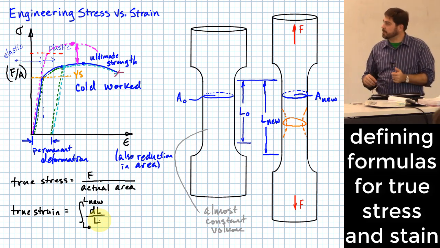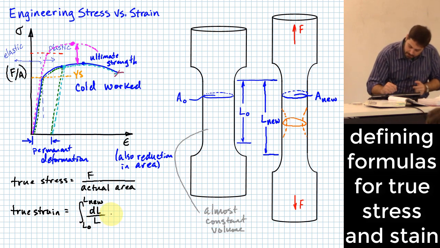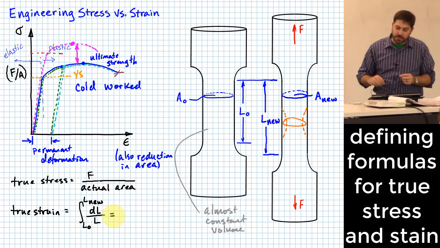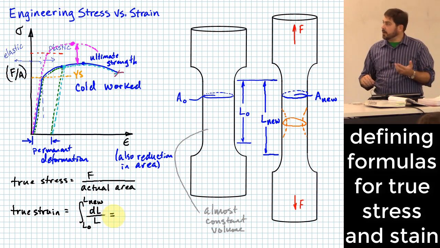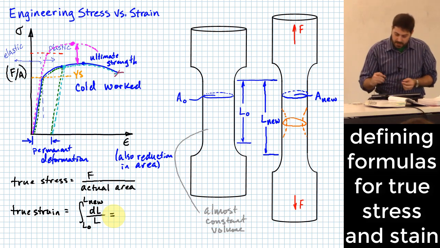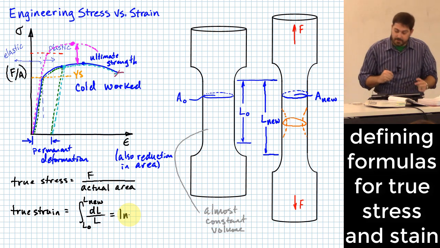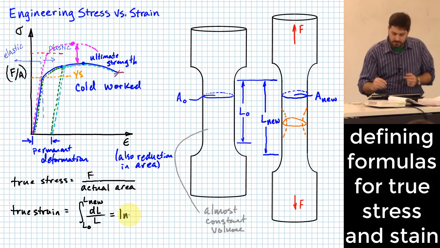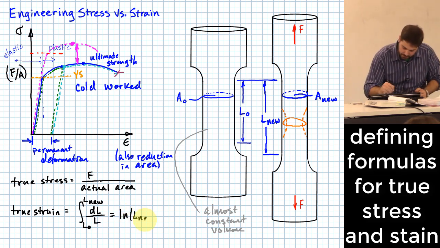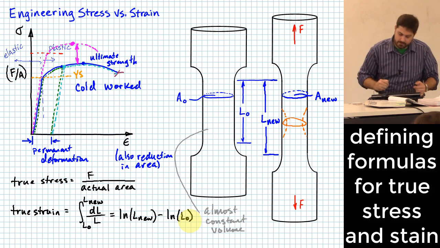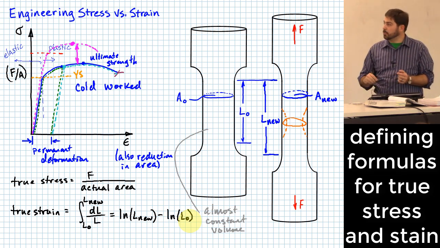Okay, what's interesting is that this integral can be further evaluated, and you'll find that it's just equal to the natural log of L new, minus the log of the original length. That's what the integral would say.